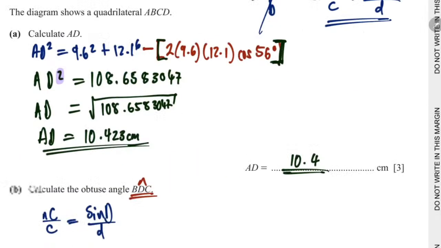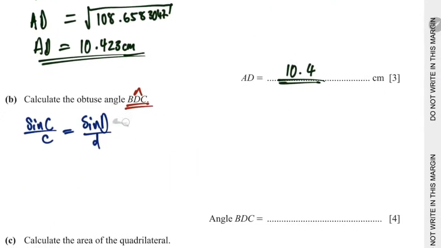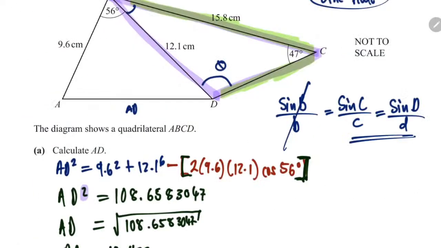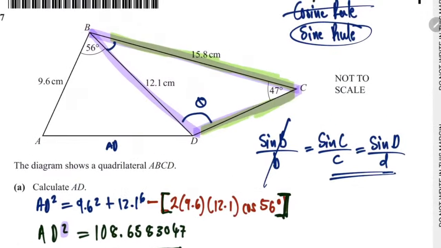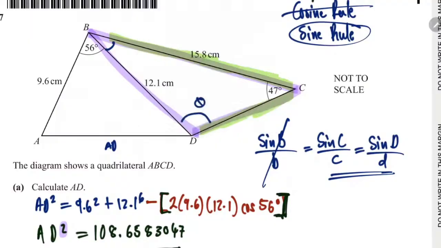Now we want the big angle D, so it will be this one. We'll take the small side d to the other side. We'll have small d times sine C over c. This becomes sine D. What is the small d? Let's label the triangle so that you can see it. Opposite big C is small c.